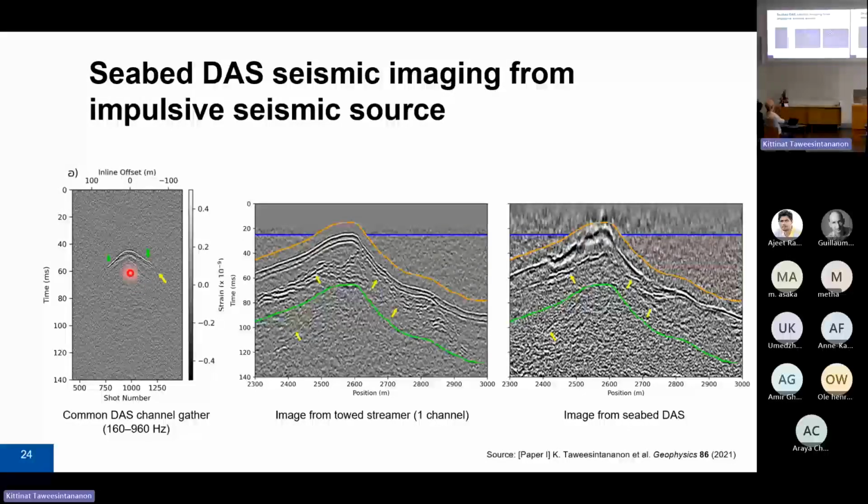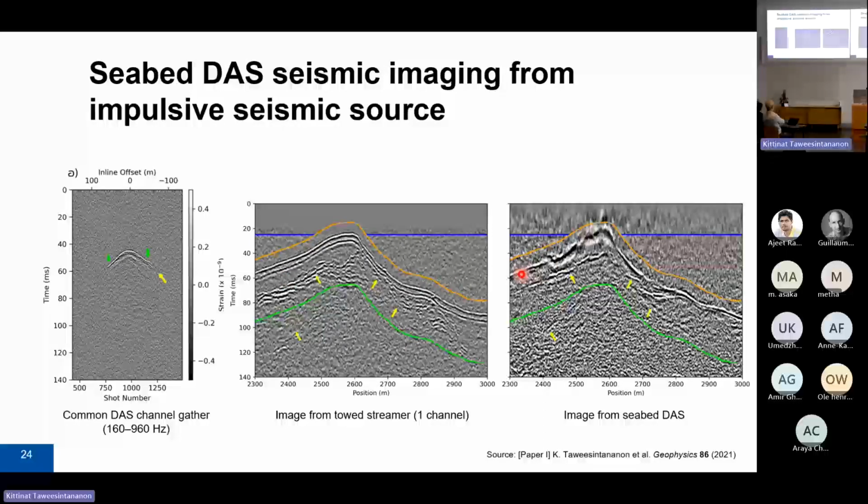And in that paper, I process the data and show on the rightmost panel a sample image from the seabed DAS data, compared to the image from the tow streamer, just one single channel hydrophone, on the middle panel.